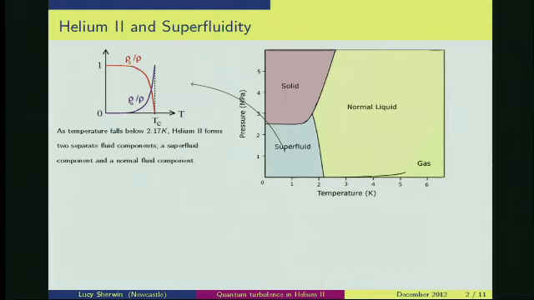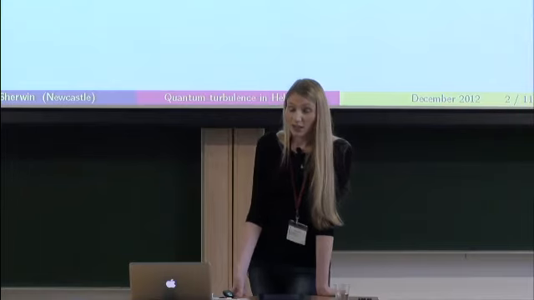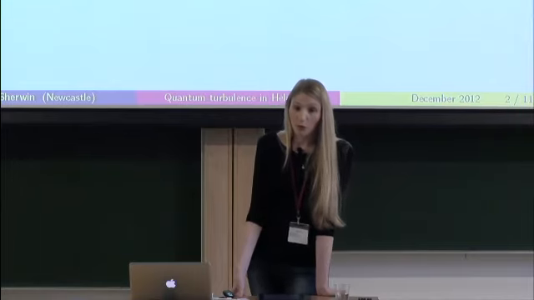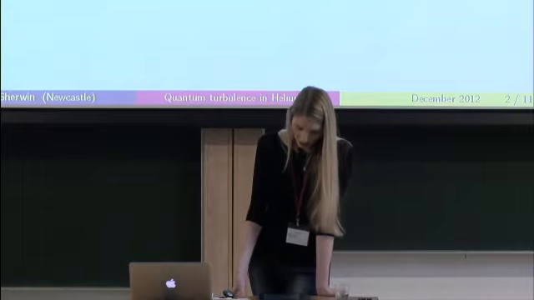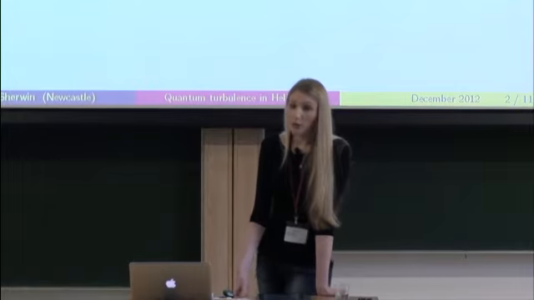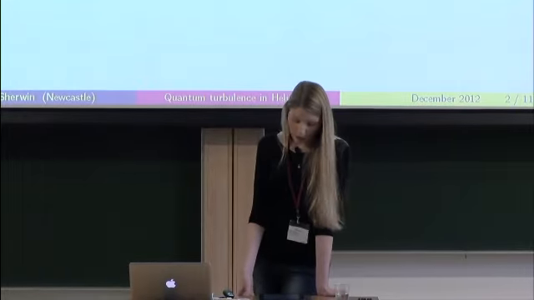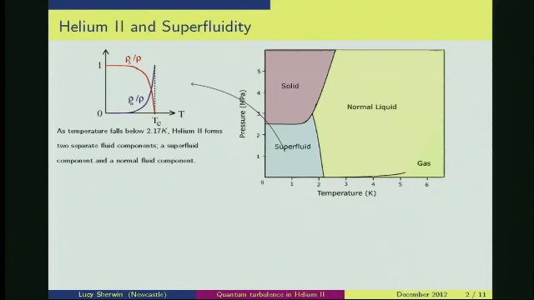As the temperature passes beneath 2.17 Kelvin, we see the transition from a normal liquid helium to a mixture of normal helium and superfluid helium, or helium-2 as we call it. As we approach absolute zero, the superfluid component tends to dominate this mix. The illustration on the left just highlights the blending effect between absolute zero and 2.17 Kelvin.